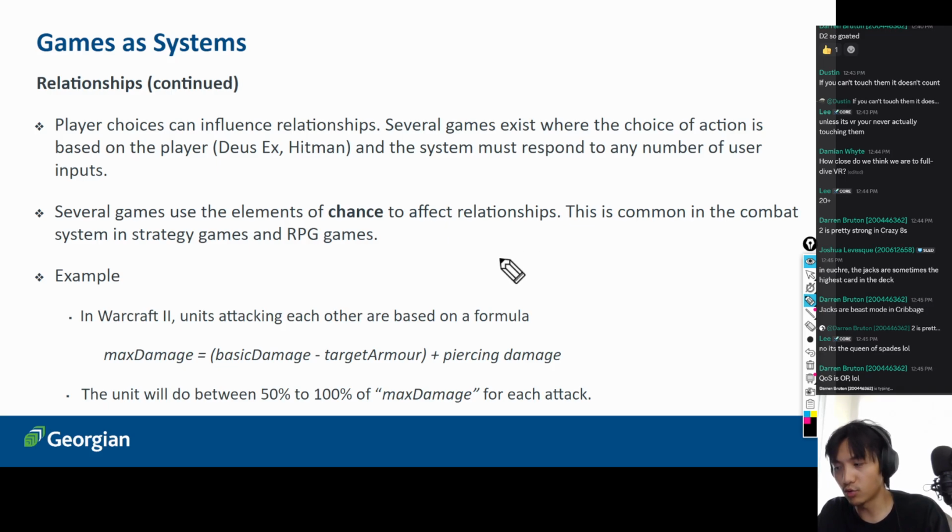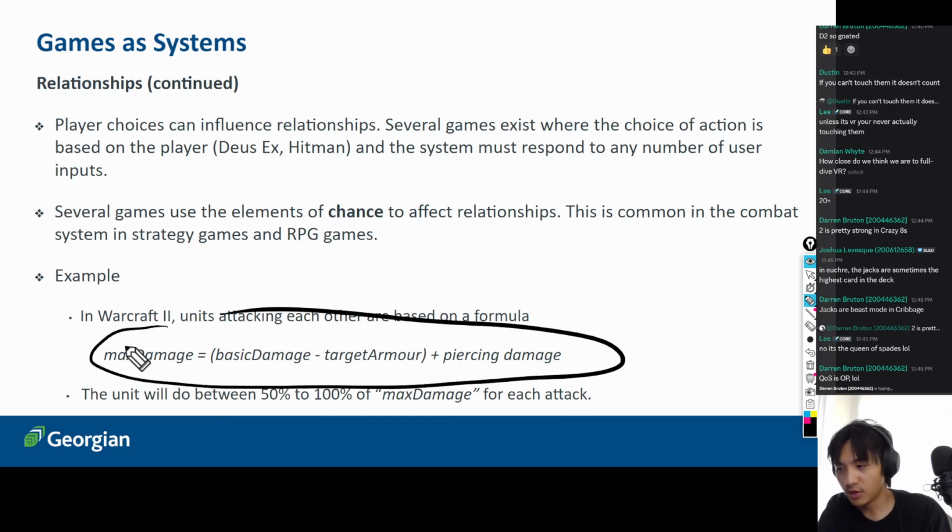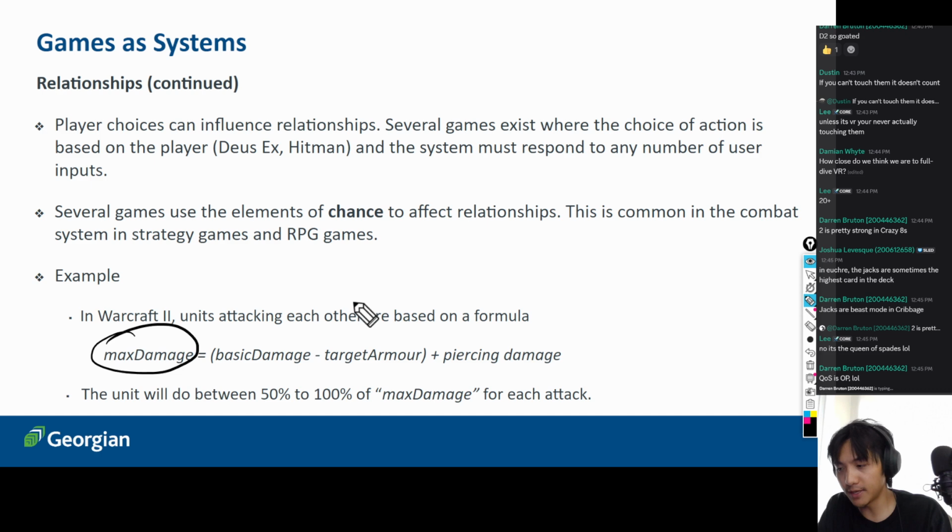Like an orc and a human warrior might fight, and when the orc attacks the human warrior with his sword, he will deal a certain amount of damage between 50% and 100% of this formula. This number will be calculated based on the orc's own property of damage, the property of their opponent, the human character's armor, and a property of the orc again, the amount of piercing damage that they have.